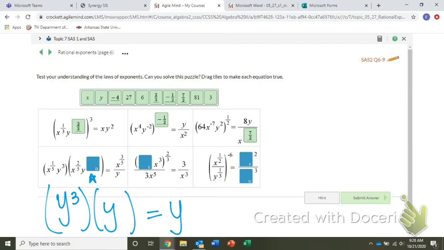So is 3 plus x y? Nope. 3 plus y? Nope. 3 plus negative 4. Well, that would be a y to the negative 1. But since this y is on the bottom, you would have to move it. So that is correct.